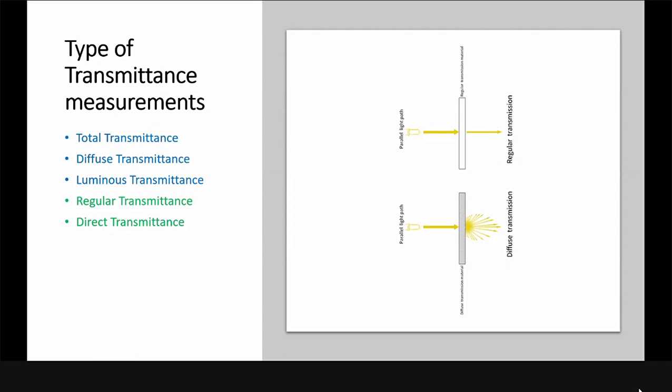To understand in a simple way, anything which has 300 or 400 nanometer materials or particles can give you least diffusion or reflection, so because of that you may get regular transmittance.